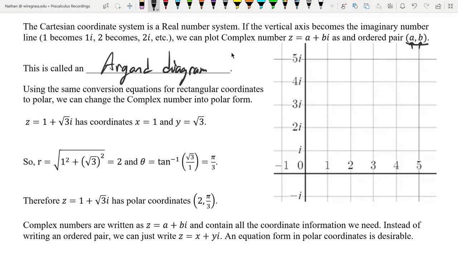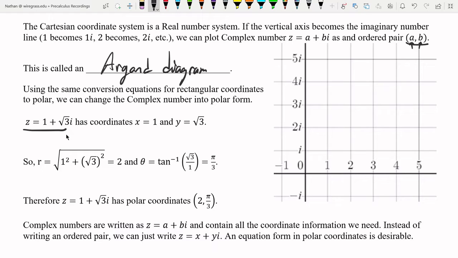Now, we can actually use the same conversion equations to change these rectangular coordinates, which I've just described how you can plot them in rectangular coordinates, as polar coordinates on the complex polar plane. So for instance, let's consider this complex number here, 1 plus root 3i.